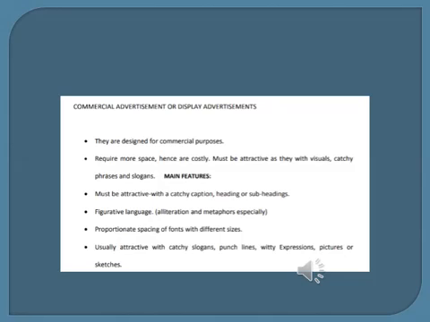Then you'll find fonts of various sizes. So there are punchlines, witty expressions, pictures, sketches in the case of commercial advertisements, and they are totally different from classified advertisements. And remember that commercial advertisements are also called display advertisements.